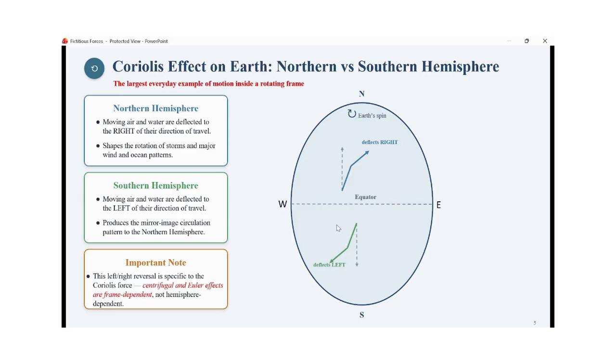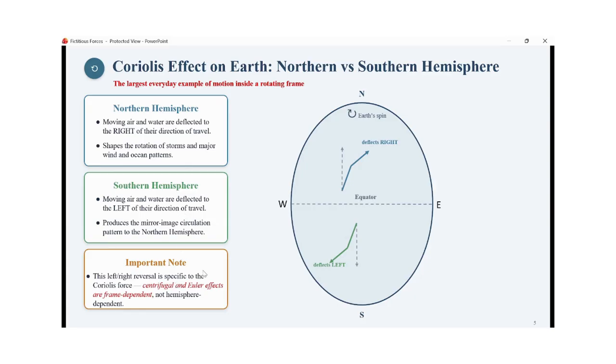So this is purely the result of the Coriolis force being present in this case, and this is because the Earth is actually rotating, so it is a rotating frame. Because of this Earth's rotation, the object's motion is seen deflected towards the right in the northern hemisphere and towards the left in the southern hemisphere.